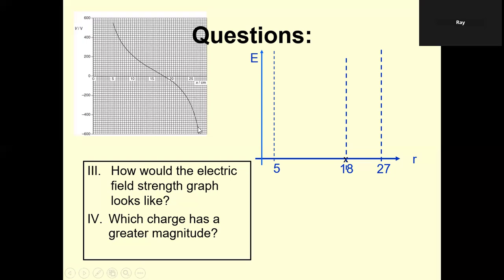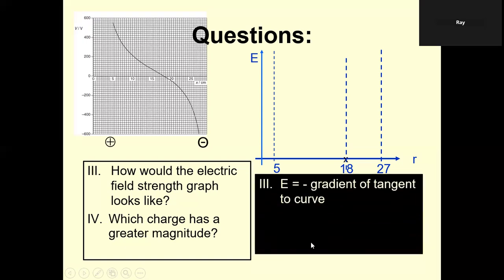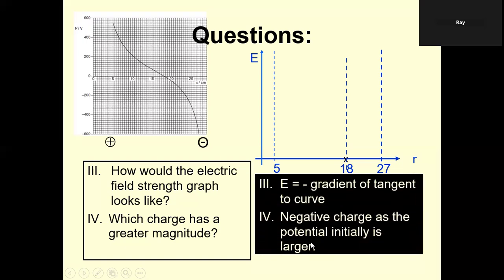Then after that, this is maximum. That is maximum, but this point has a greater slope than this point there. So there's a positive charge, there's a negative charge. So that's how it looks like, roughly, when we are asked to sketch. There's your 18 here, there's your 5, there's your 27.